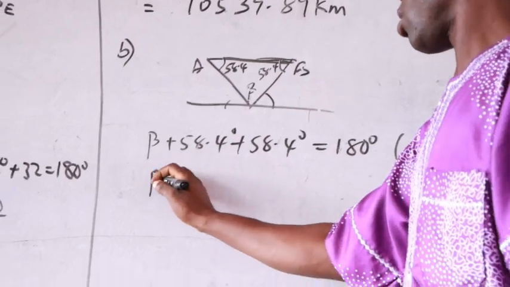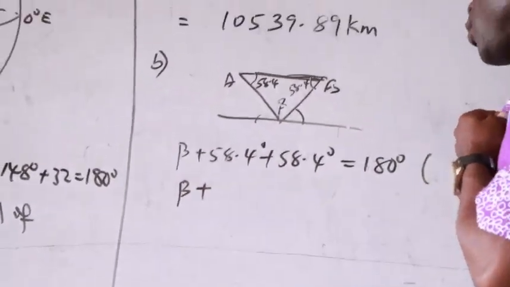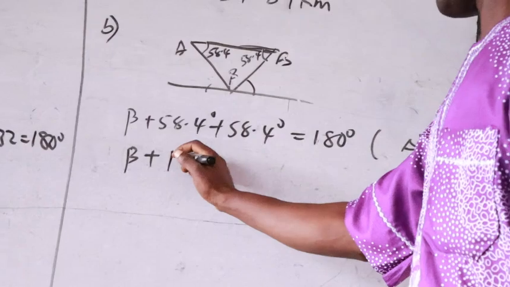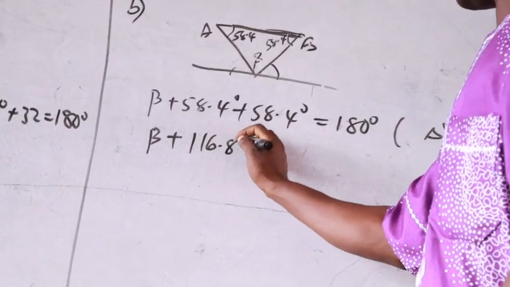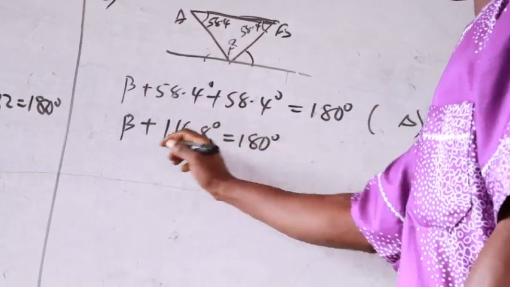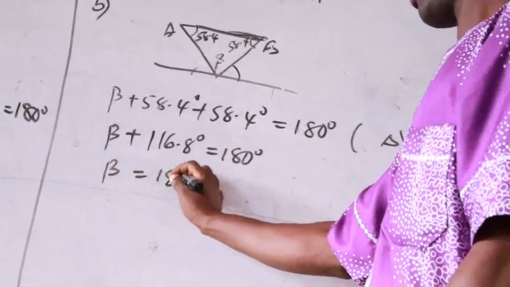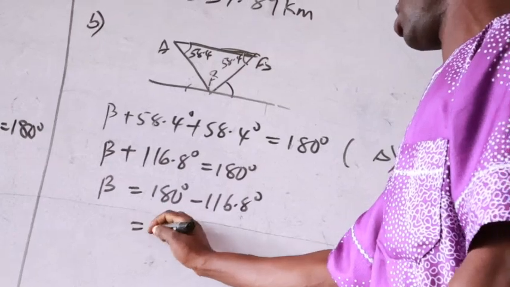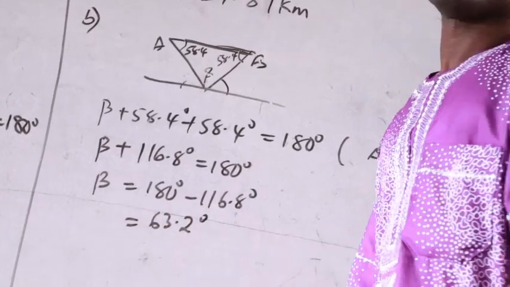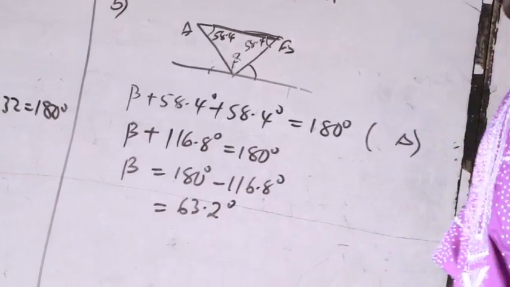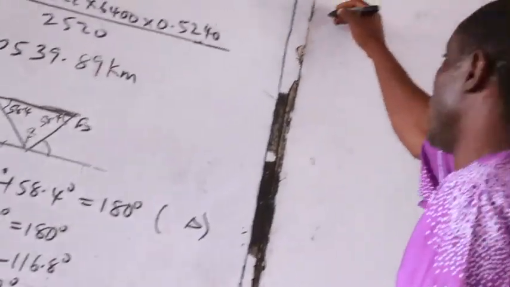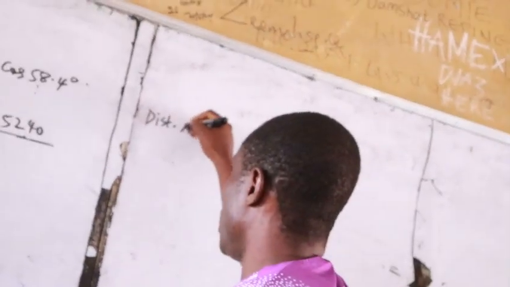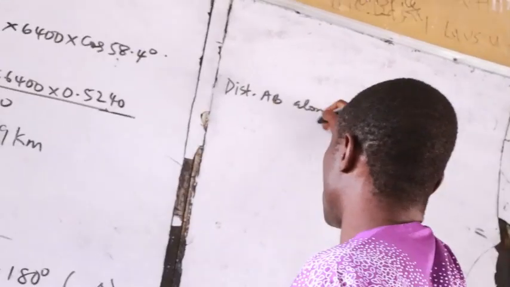Now, what is the sum? 58.4 plus 58.4 is 116.8 degrees. Equals 180. Please let me subtract that from 180: 63.2. So beta is 63.2.